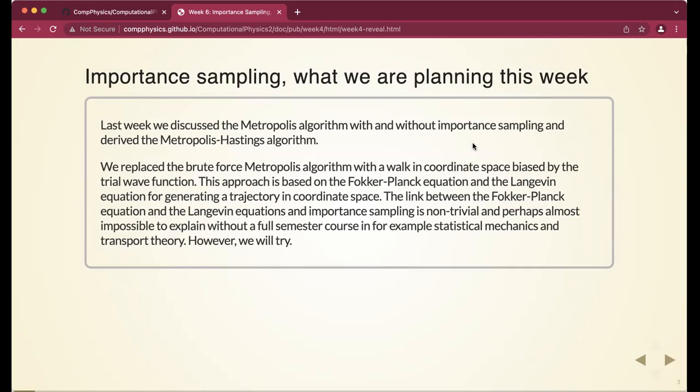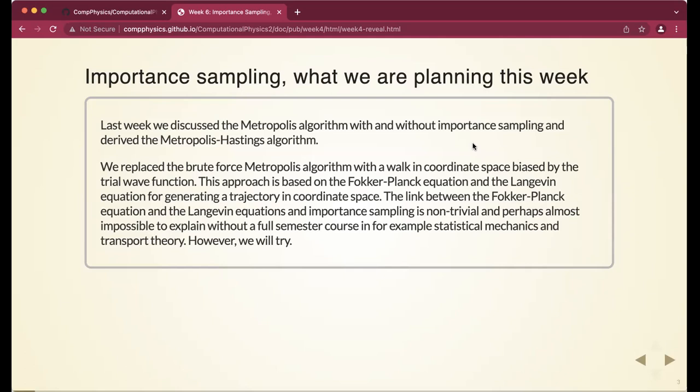And the way you can view it is that you take the standard diffusion equation, and you add a force or an external field which governs the motion of the particle. So in addition to the kinetic term, which you would have in a diffusion equation, you have an external applied force.